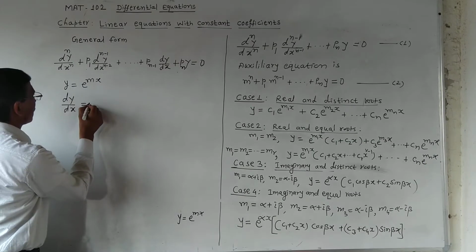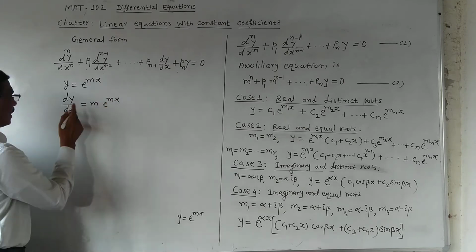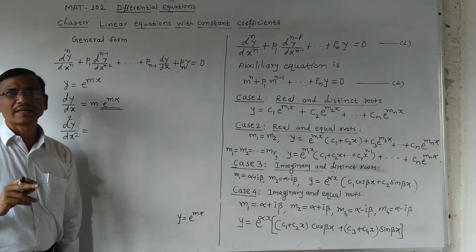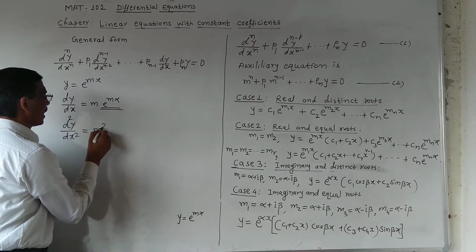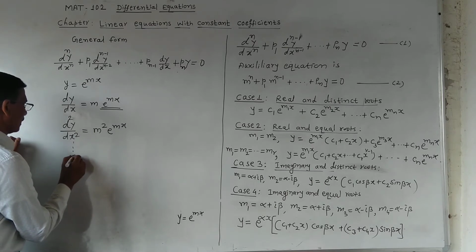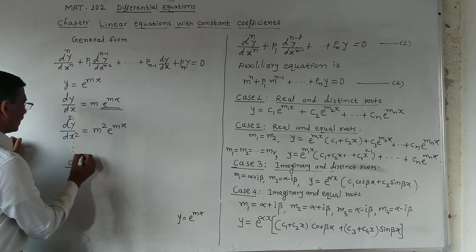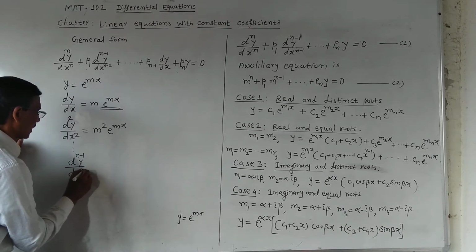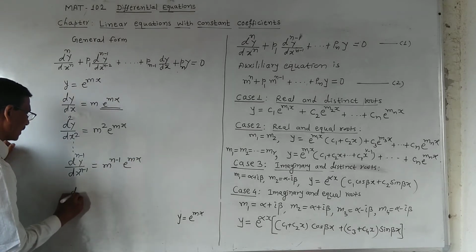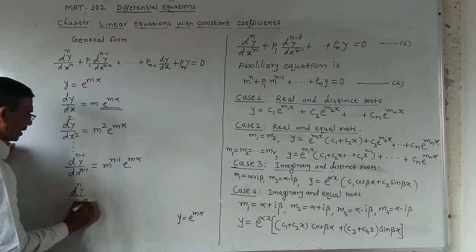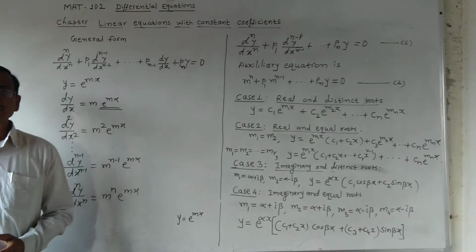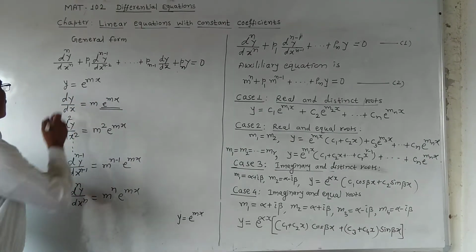Its derivative is m e^(mx). Again the second order derivative d²y/dx²: the derivative of e^(mx) is again m times e^(mx), and this m will become m² e^(mx). Continuing like this, we get d^(n-1) y/dx^(n-1) = m^(n-1) e^(mx), and finally d^n y/dx^n = m^n e^(mx).